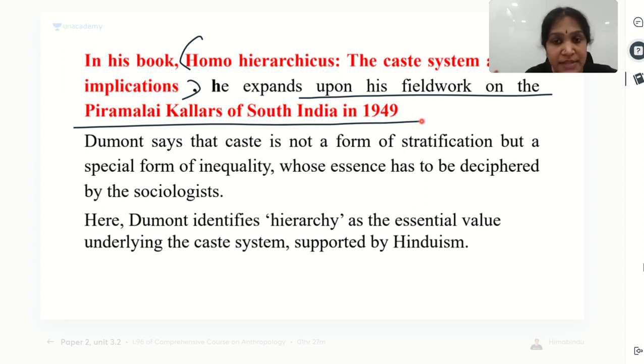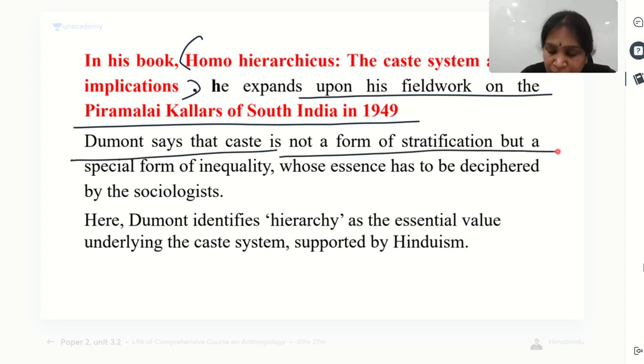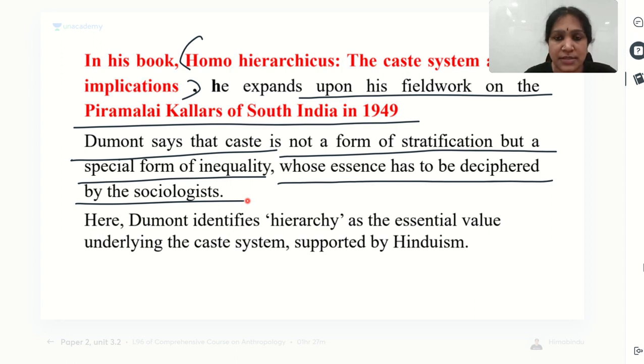So the question was picked up from a quotation from this book. Dumont says that caste is not a form of stratification, but a special form of inequality whose essence has to be deciphered by the sociologists. So in this book, he said that caste is not a form of stratification. It is a special form of inequality.